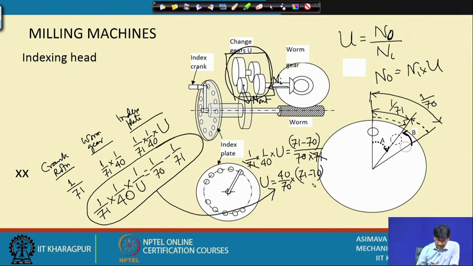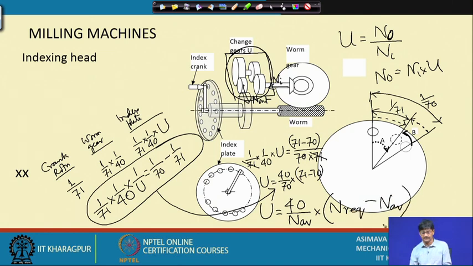All right. Now, there is scope for generalization. We can write, therefore, for any problem it is equal to 40 by N available multiplied by N required minus N available. That is it.